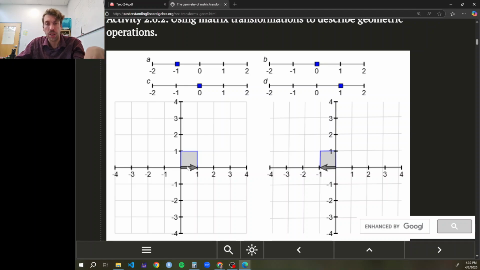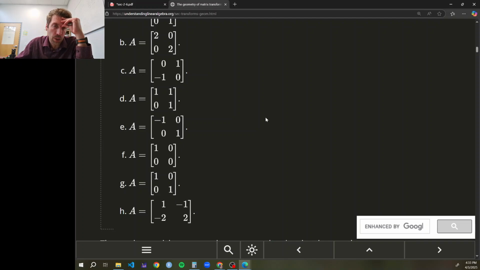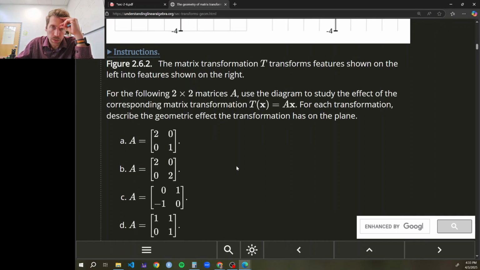And so now we see that the arrow is flipped on my box, because in this box, the arrow is going counterclockwise, but now my arrow is going clockwise. So it's been flipped across the y-axis.